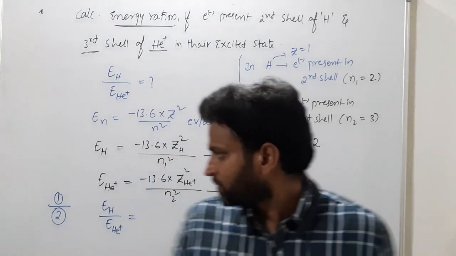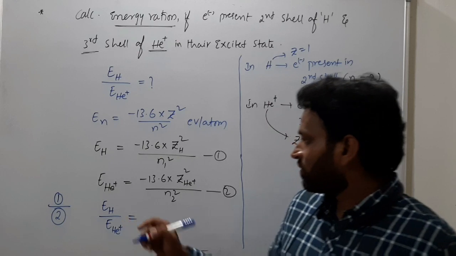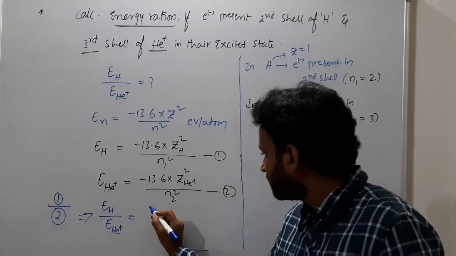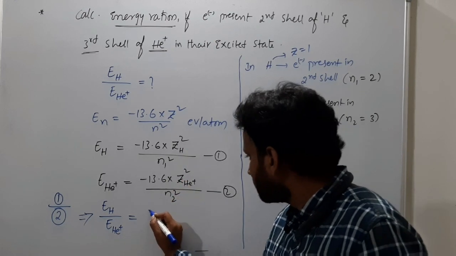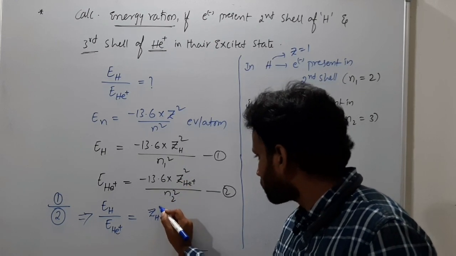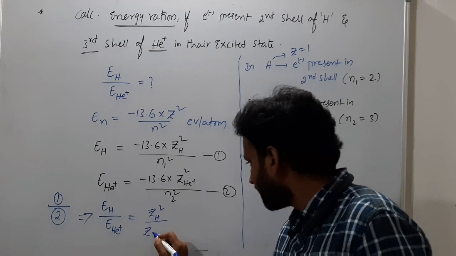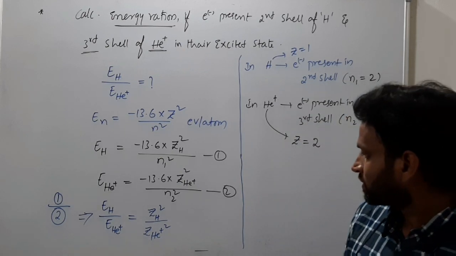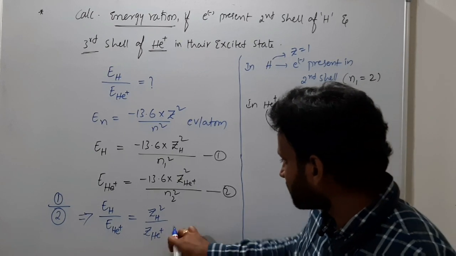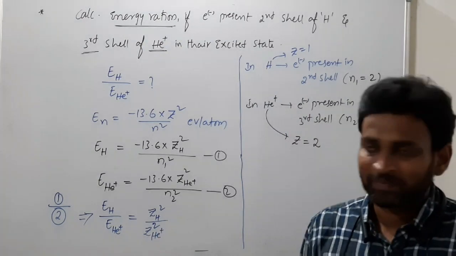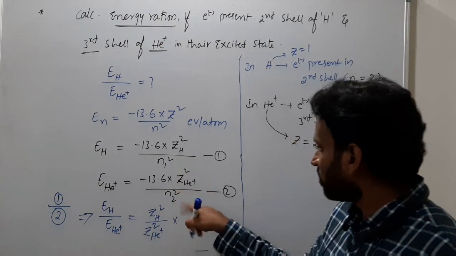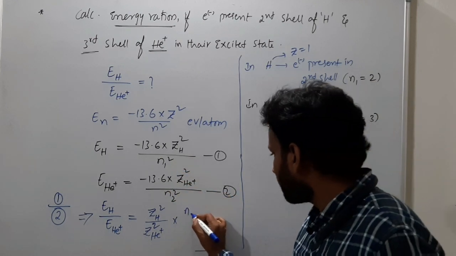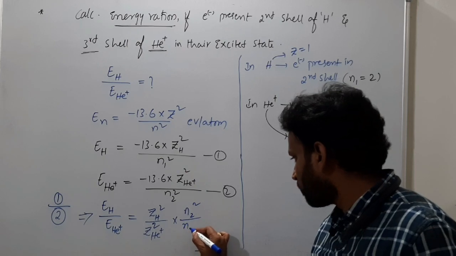The numerator will be the same: ZH square by ZHe+ square, sorry, square for Z. And the denominators, n1 square and n2 square, will become inverted, so n2 square by n1 square.